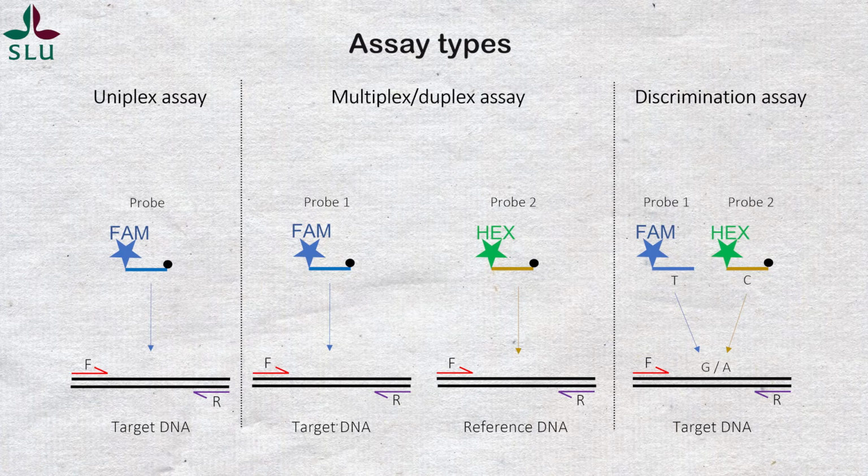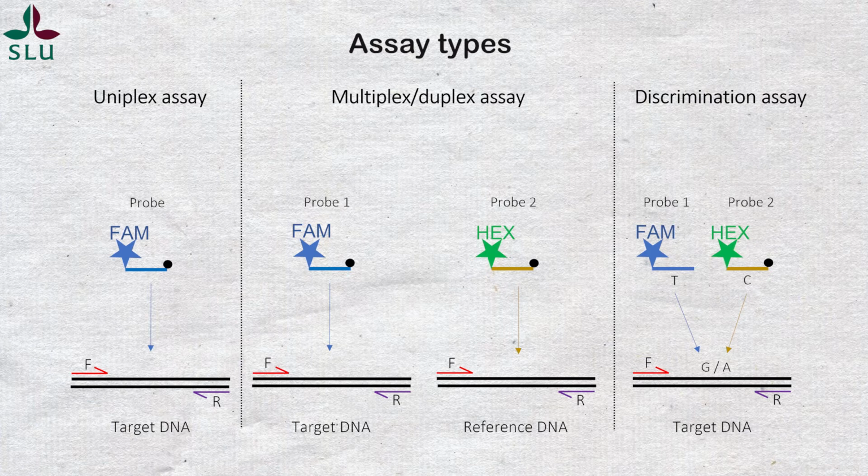A third option is the so-called discrimination assay. In this case, the same template is amplified by the same set of primers. However, the sequence variants are distinguished in the same way as in the duplex reactions, but by the use of slightly different probes. In this example, the probes only differ in one position.